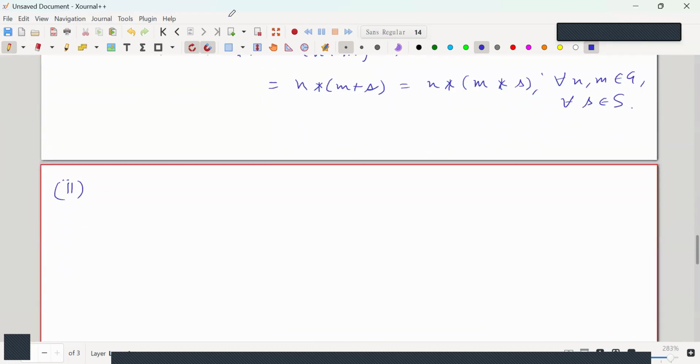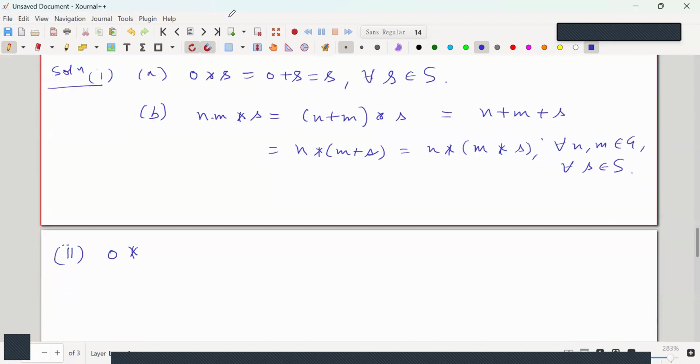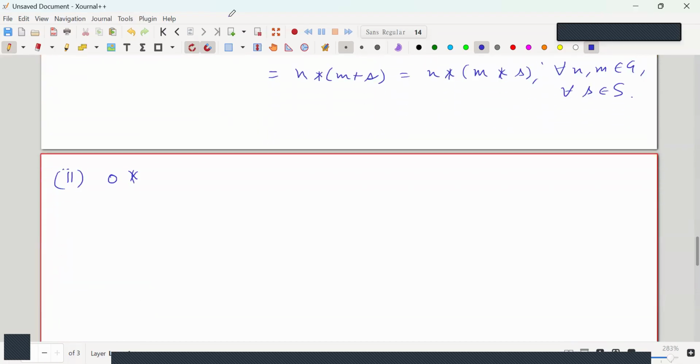That will always give 0 instead of s, so the first property is violated. 0 times s is 0, not equal to s.